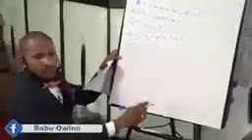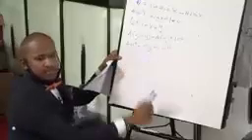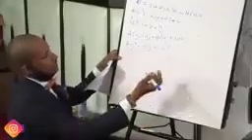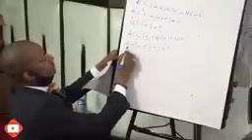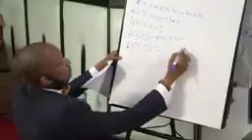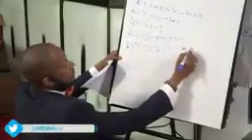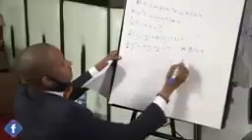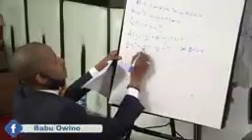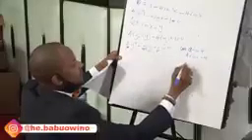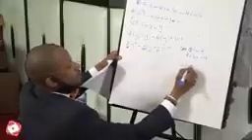Now, this is a quadratic equation. We just factorize this. So look for two numbers, which when you multiply them, give you 4 times 1, which is 4, and when you add them, give you negative 4. So the two numbers here are negative 2 and negative 2.